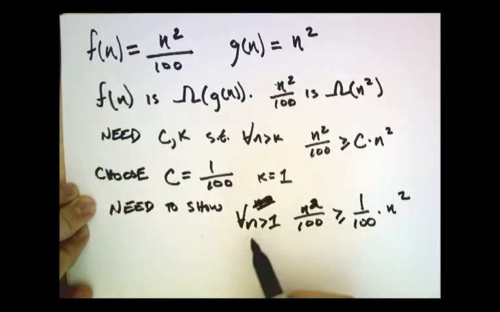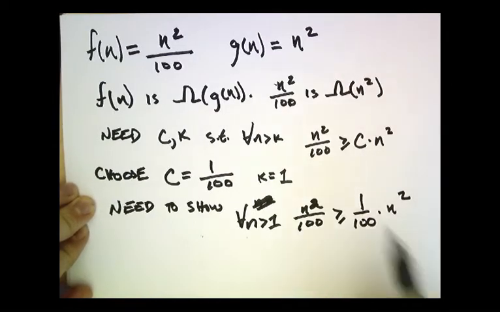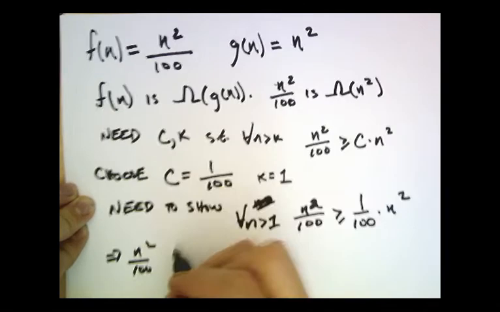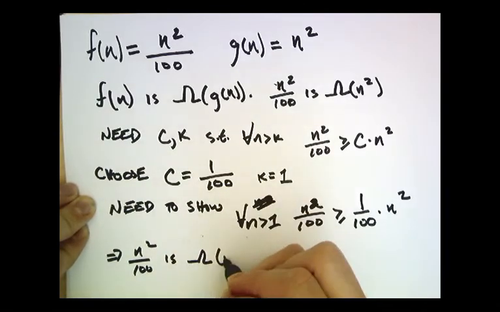But this is self-evident. I mean, n squared over 100 is equal to 1 over 100 times n squared, so certainly for all n greater than 1, n squared over 100 is greater than or equal to 1 over 100 times n squared. So this implies that n squared over 100 is big omega of n squared.